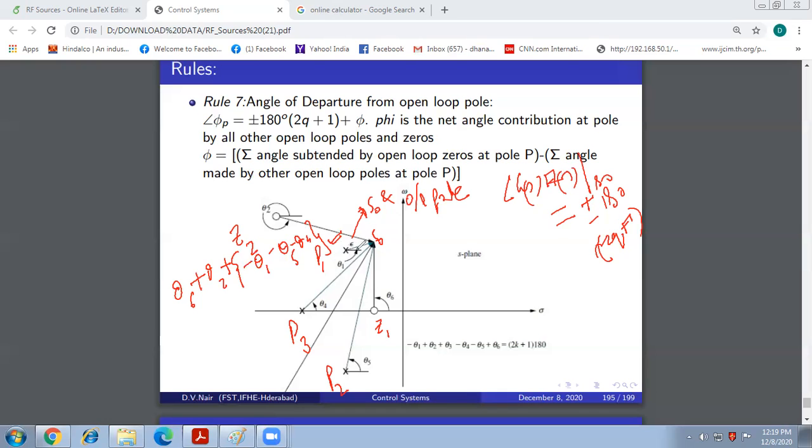So the angle contribution will make hardly any difference when we put the limit where epsilon tends toward 0.